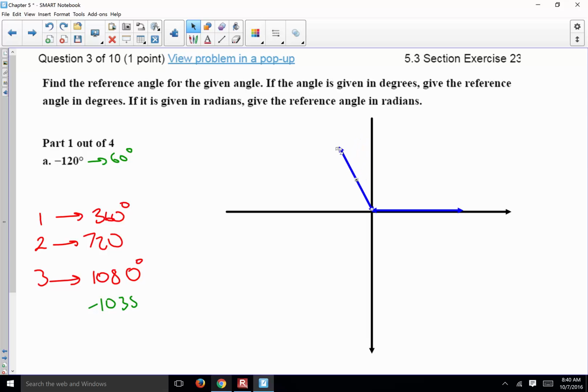To make 495, I need to go a little bit more. Again, let me mark my moves. This is 360, right? 90 more, 450. This is 450 so far.